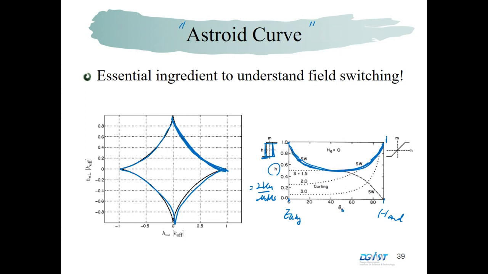So this curve implies that when we apply the half field here and here, then we'll be here. So in order to cause the switching, if we apply half of the perpendicular field and half of the parallel field, then they're switching.